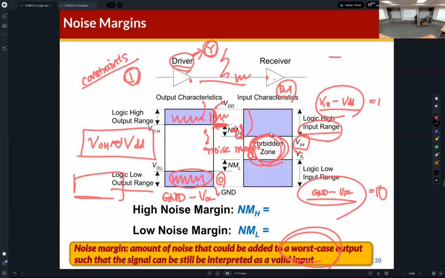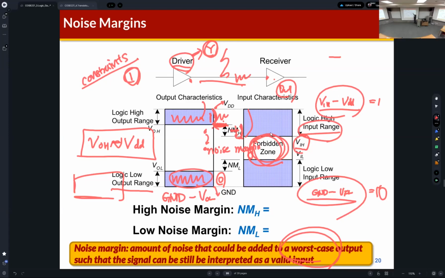The output constraint defines the allowable output signal range, the voltage range. When the output signal is generated by the driver, signal value 1 should be within this high output range. Also, signal value 0 needs to be within this low output range.